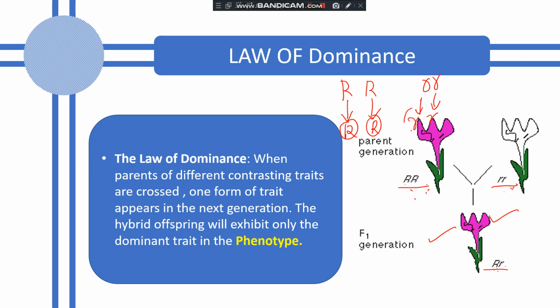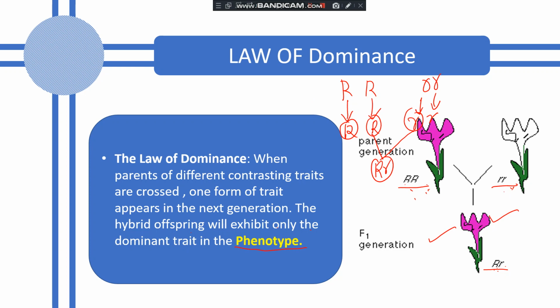When they are crossbred in the first generation, it is Rr. So students, in this way you can understand that the hybrid offspring will exhibit only the dominant trait in the phenotype, and this is called the law of dominance. This means in the F1 generation only the dominant characteristics will be expressed.